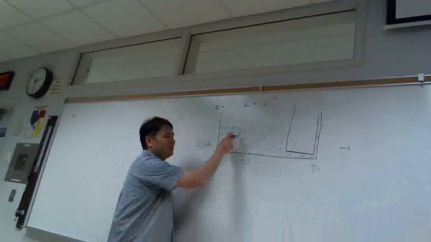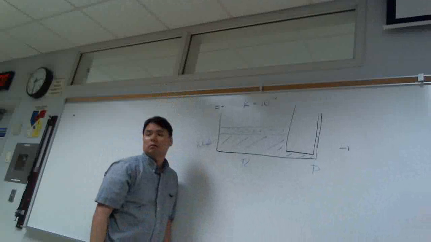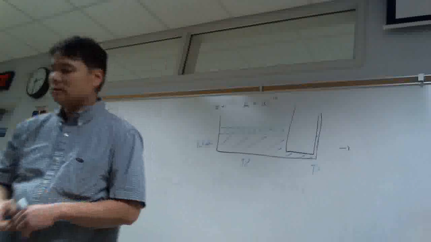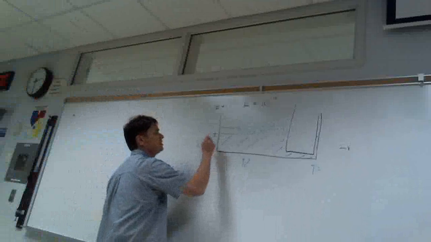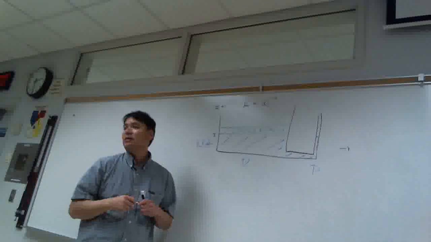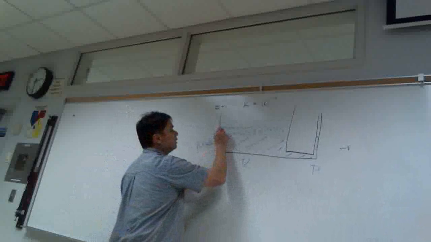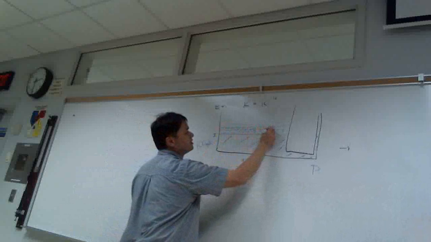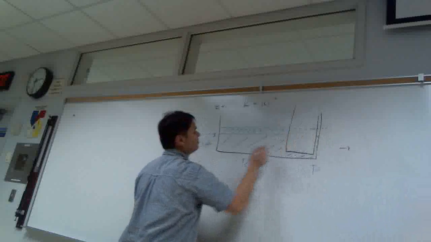Am I going to gain reactant or lose reactant? Well, it depends on what your initial is. If your initial is the original initial conditions, then we actually gain reactant. Okay, this level is going to drop a little bit, this level is going to rise a little bit.